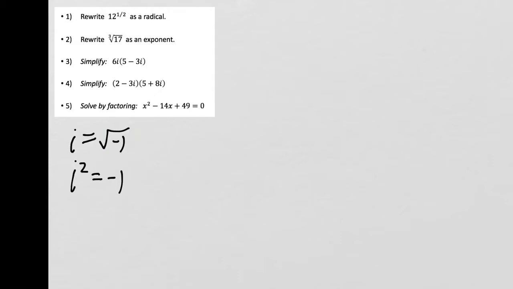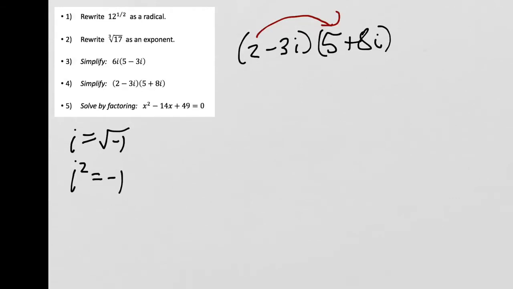So what we're going to do now is multiply 2 minus 3i times 5 plus 8i, and this is going to be like foiling, right? 2 times 5, then 2 times 8i, then negative 3i times 5, and then negative 3i times 8i. So let's see. We've got 2 times 5, which is 10.